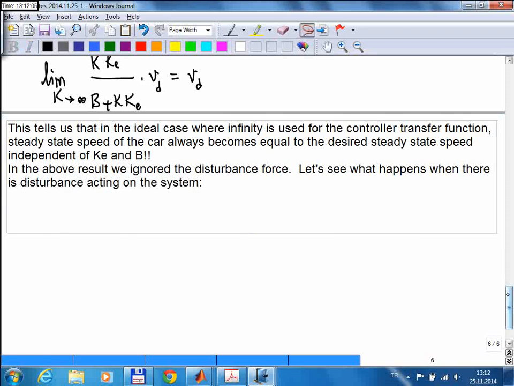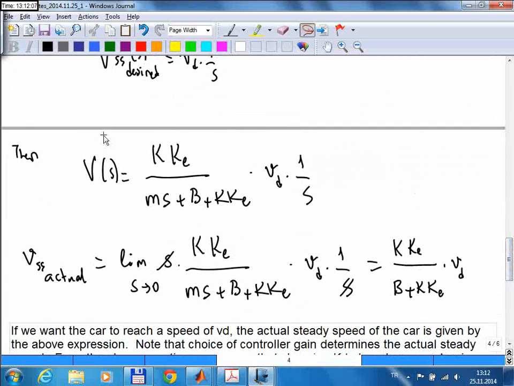Okay, in that case we need to calculate this Vs by taking disturbance into account.